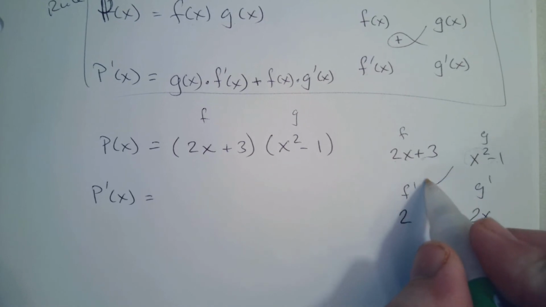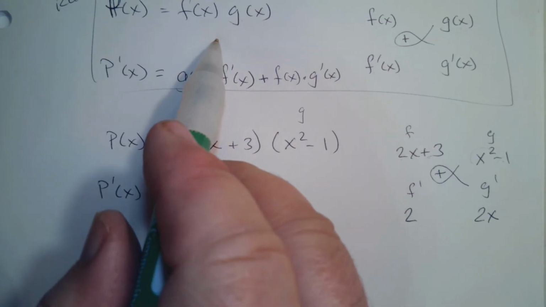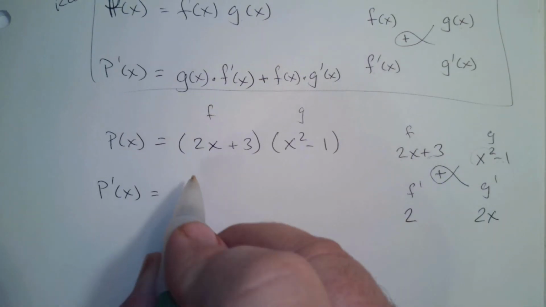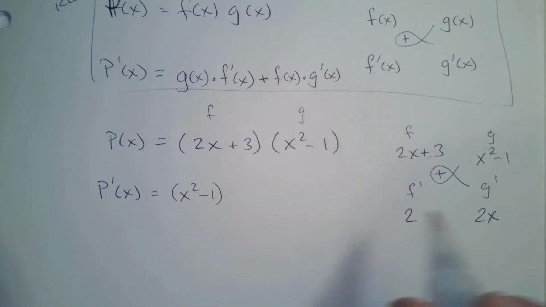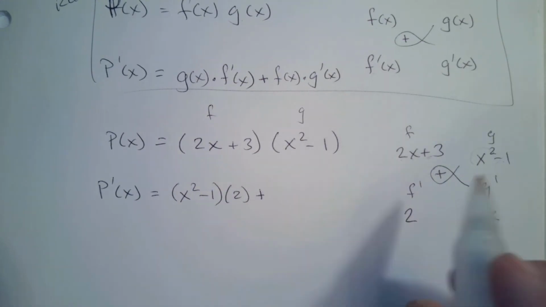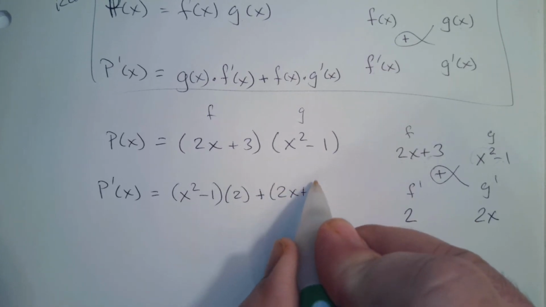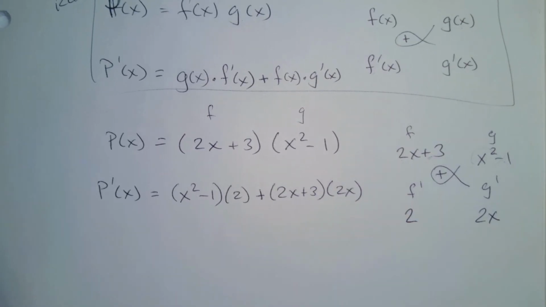So our derivative, since it's multiplying, we're going to add. Multiplying makes things bigger, so that's why we're adding. So we have these two. The g, which is x squared minus 1 times 2, plus 2x plus 3 times 2x.